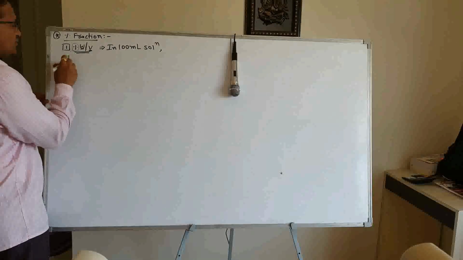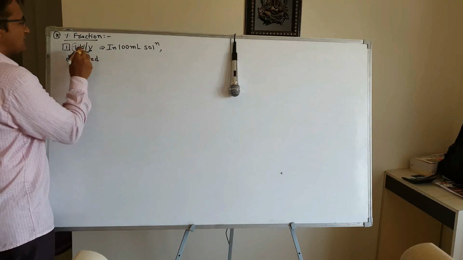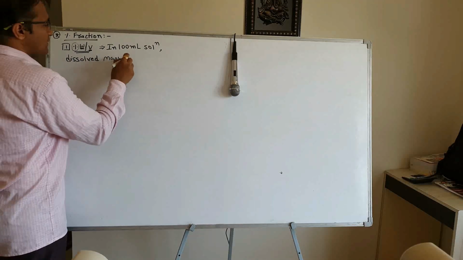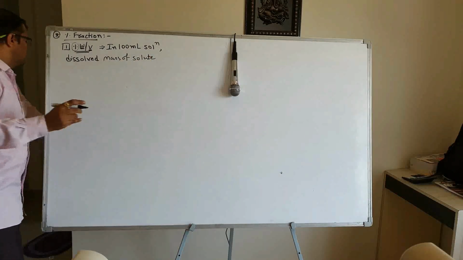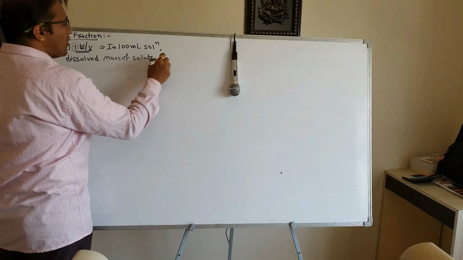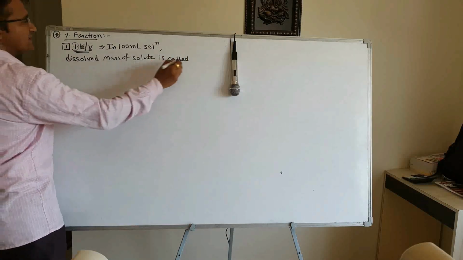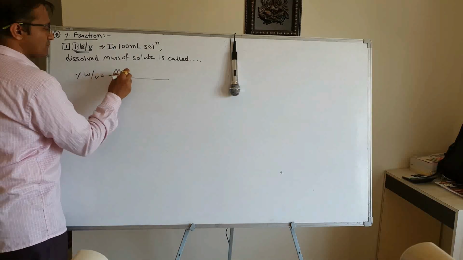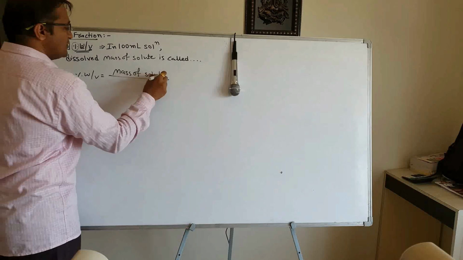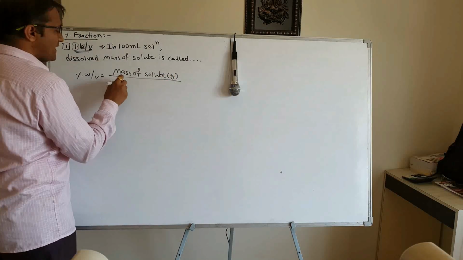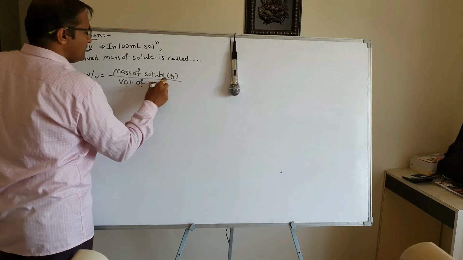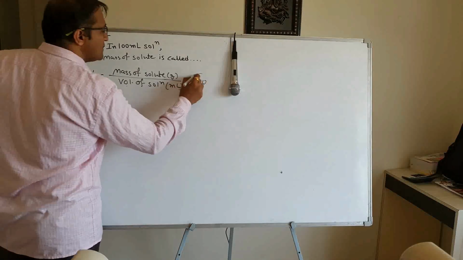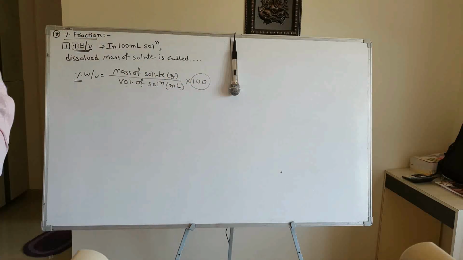So in 100 ml of solution, dissolved mass of solute, taken at numerator as the W term, is called percentage W by V. So simple formula will be mass of solute, which is in gram, divided by volume of solution, which is in ml, and it is multiplied by 100 because percentage is calculated based on 100.